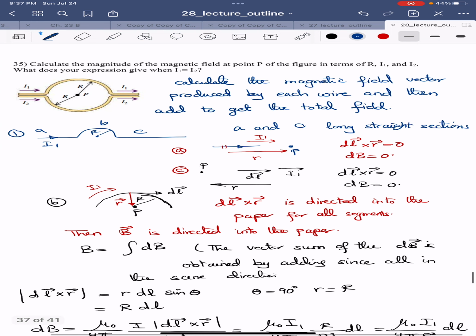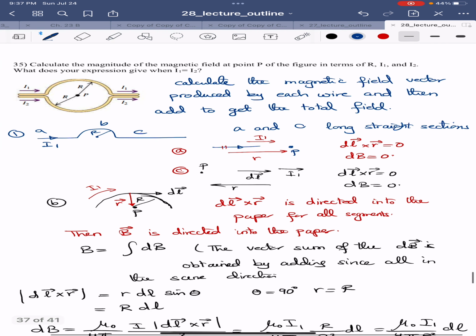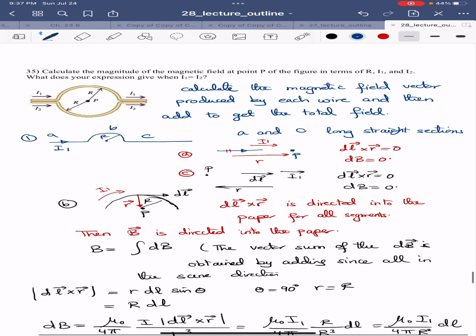Then I'm going to say the first one on the top, I'm going to also label it A, B, and C because I have straight and then I have circular. A and C are long straight sections, and then dL cross r is going to be 0, and then dB is going to be 0. Then they will not be participating.